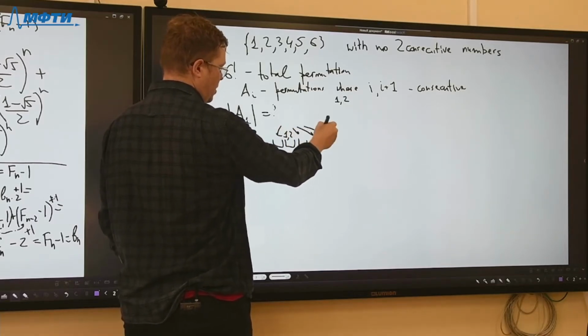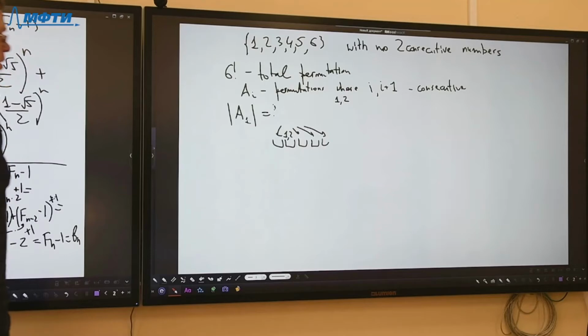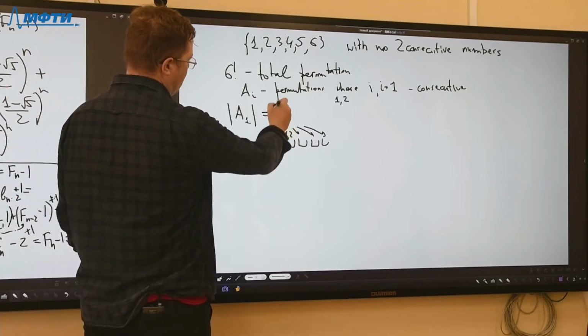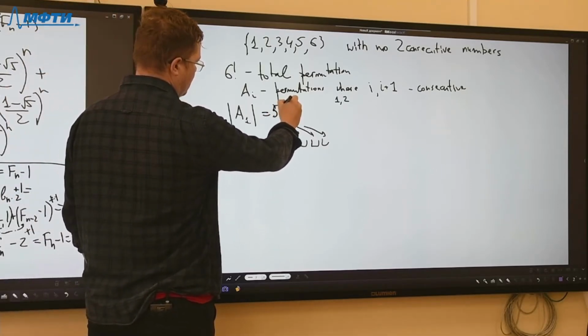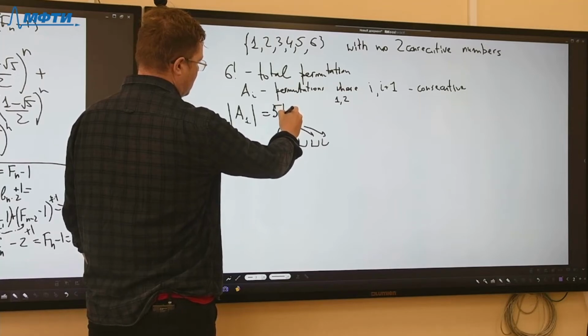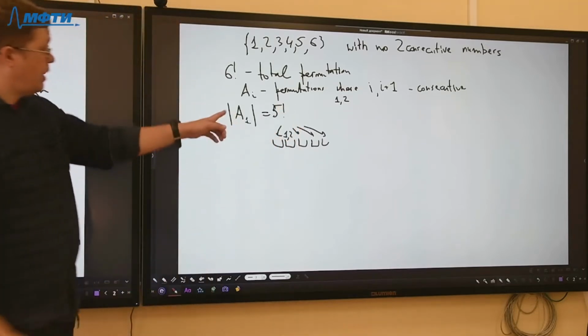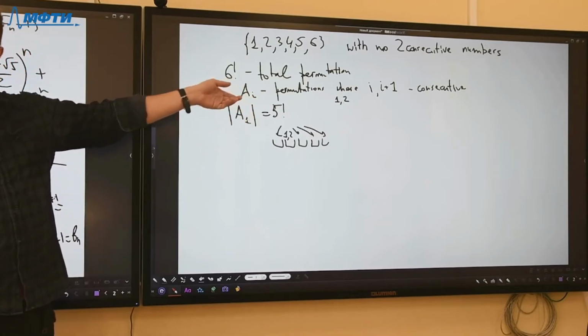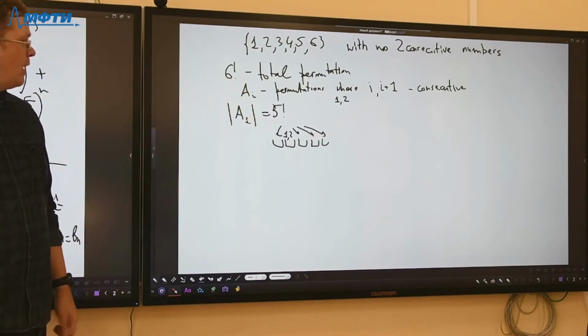There will be 5 factorial such permutations. So that is for A1, and of course, if you sum over all Ai, there will be 5 times 5 factorial.